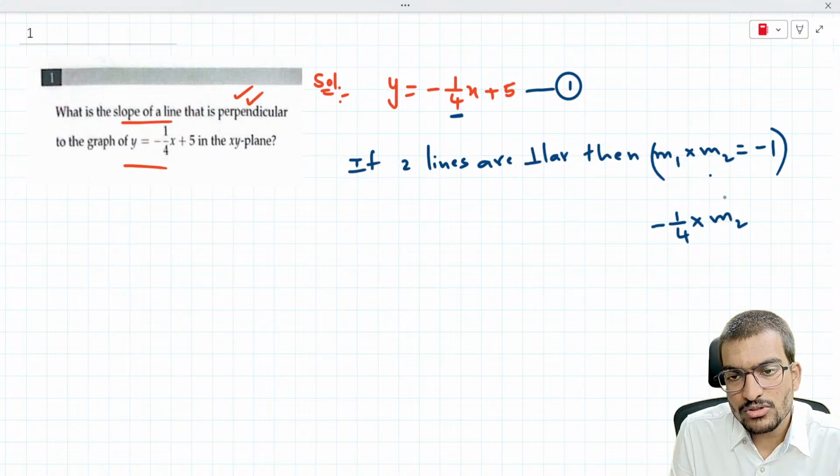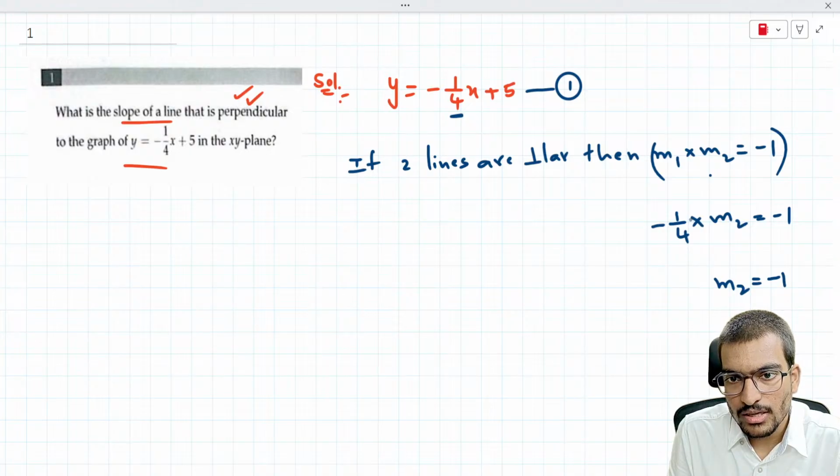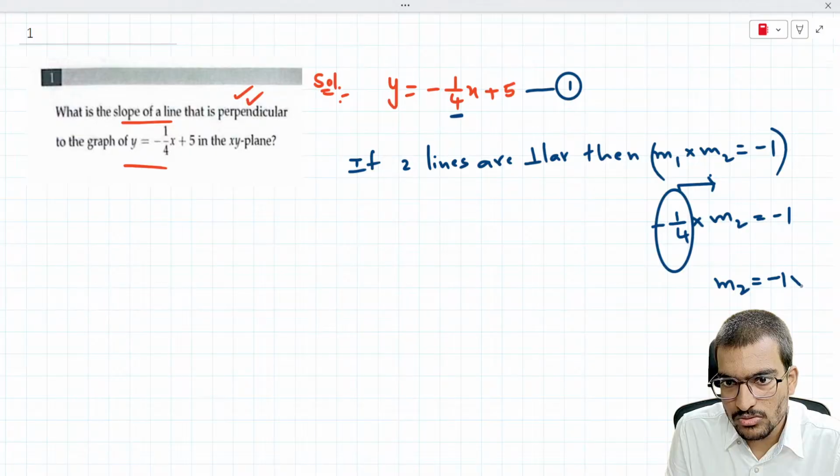This m2 is the slope of the perpendicular line, equals -1. m2 equals -1, and just transpose this to the right-hand side. That's going to be -4 by 1. Negative, positive, so m2 equals 4.